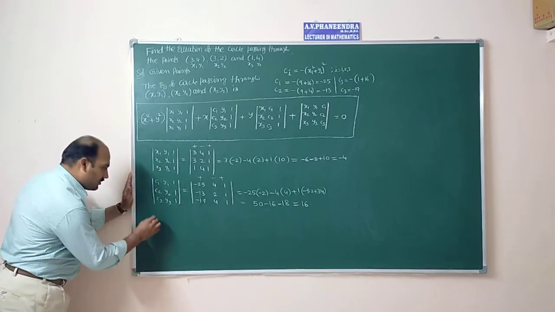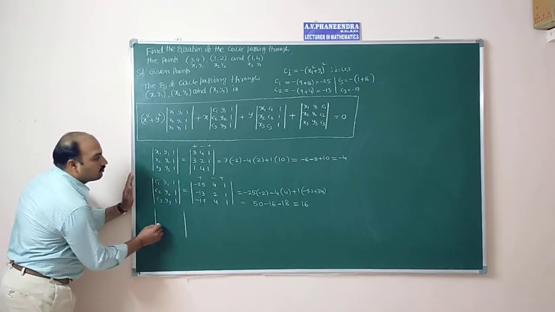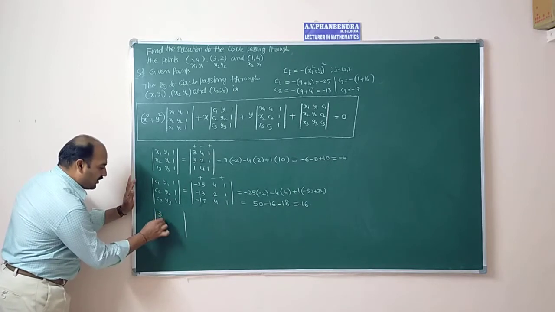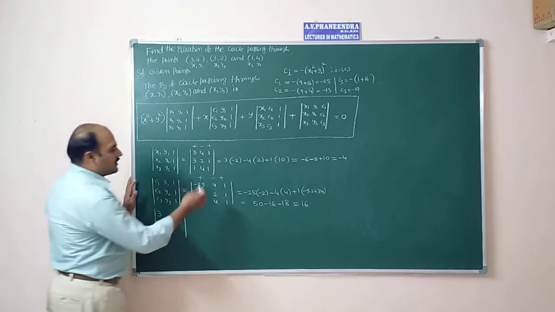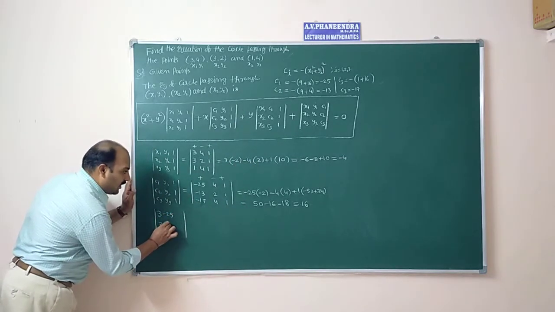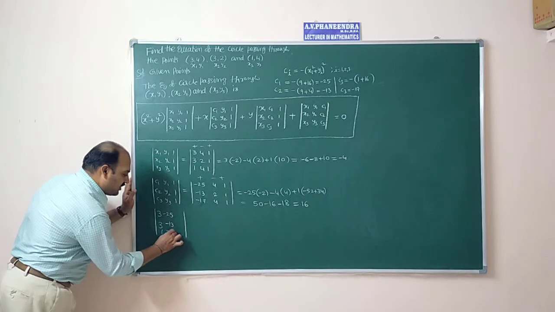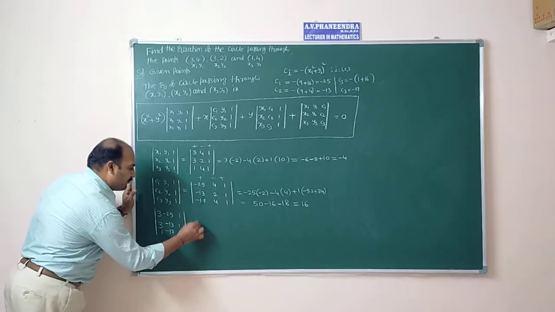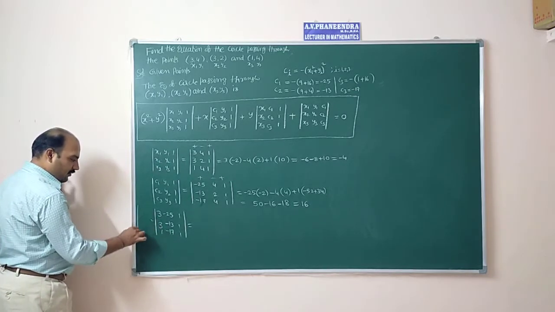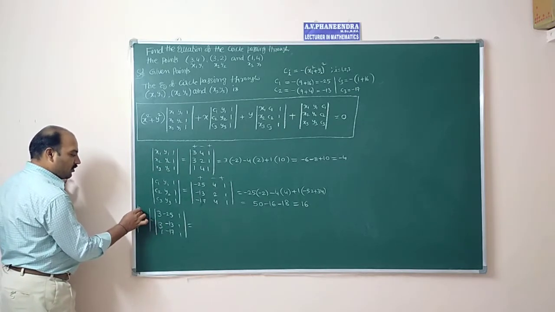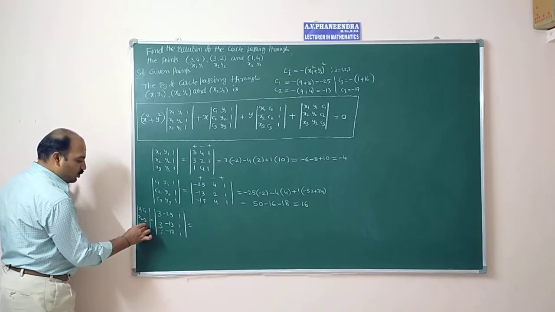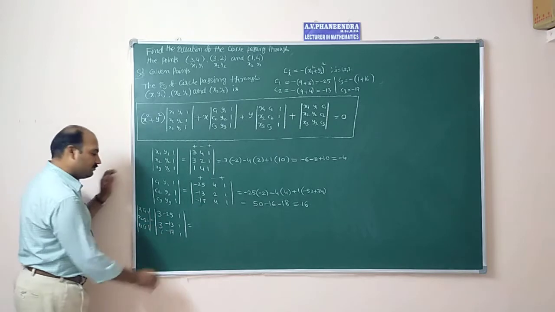Now the third determinant. The first column you have to replace with 3, 3, 1, and the second column is C1, C2, C3, that means minus 25, minus 13, minus 17, and 1, 1, 1. Sorry, here I forgot to write these values: x1, x2, x3; C1, C2, C3; 1, 1, 1.